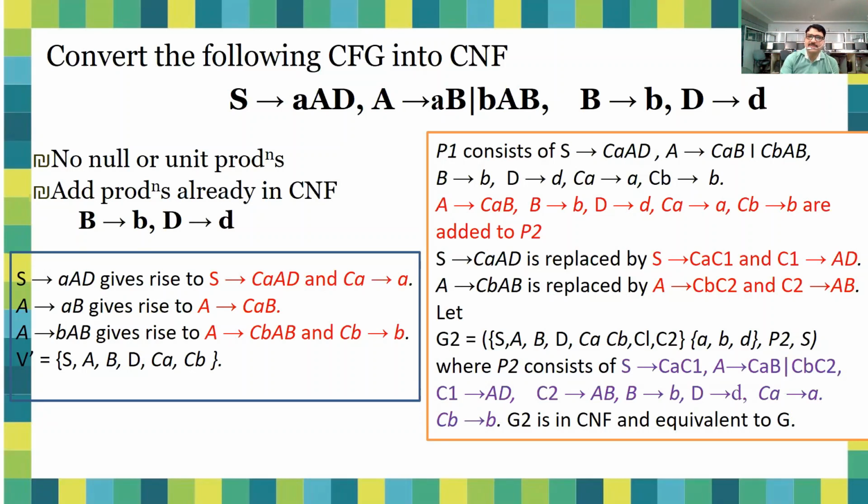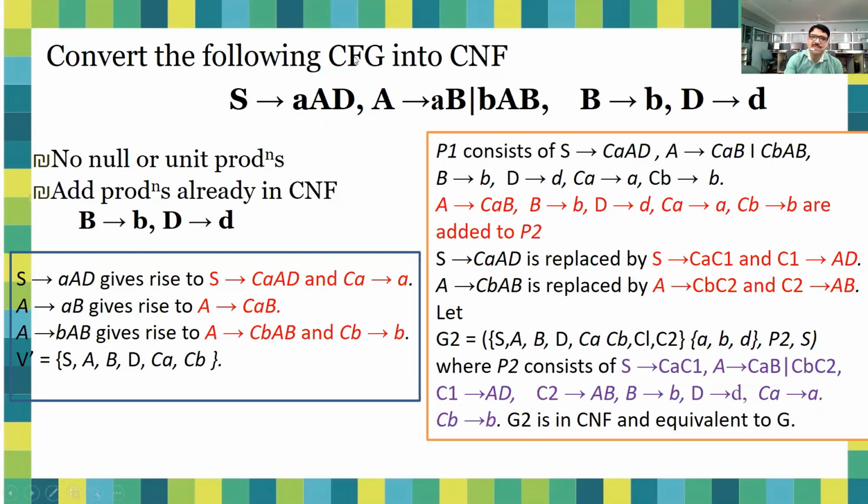In step two, we find that some productions are already in CNF, that is Chomsky normal form, like B to small b and D to small d. No need to change these productions into another form. But other than these productions are not in CNF, so we have to change these productions into the required form.